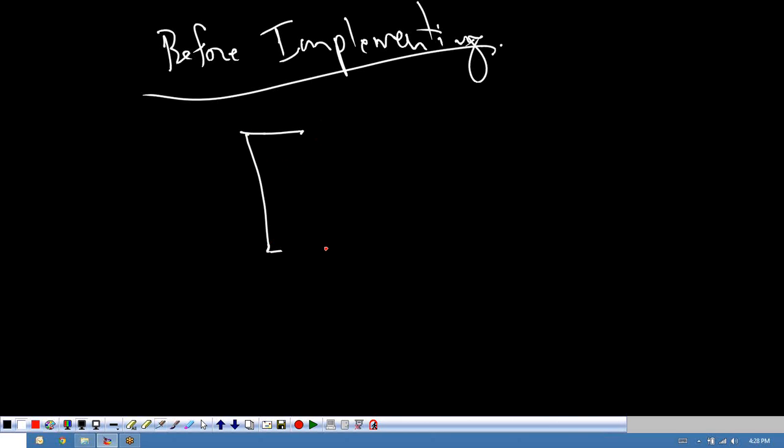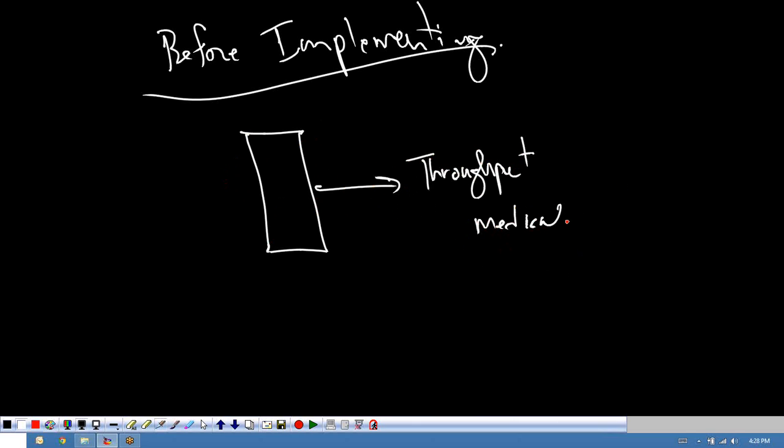Let's suppose that we had a process where we were trying to improve, let's say, throughput. And let's say it was something like medical charts completed in a day. Let's suppose you worked for a medical charting company.